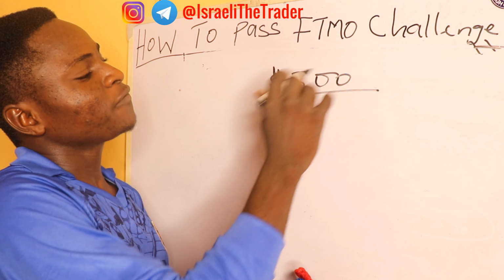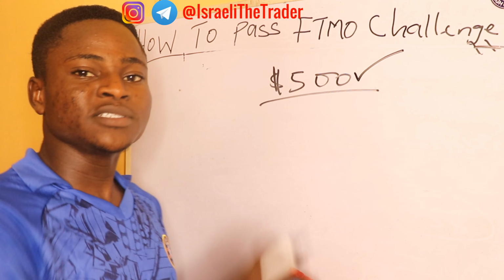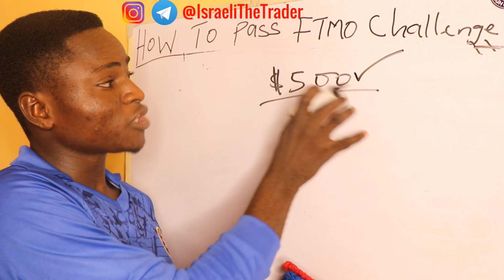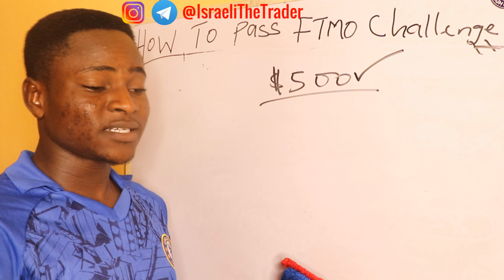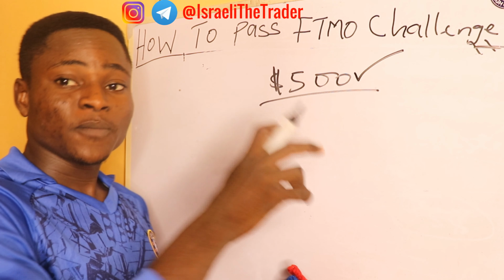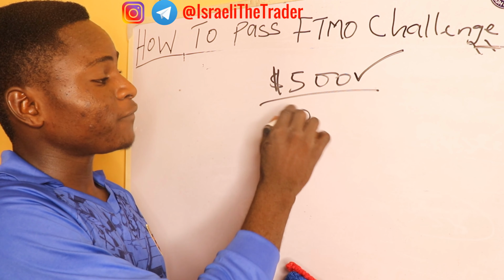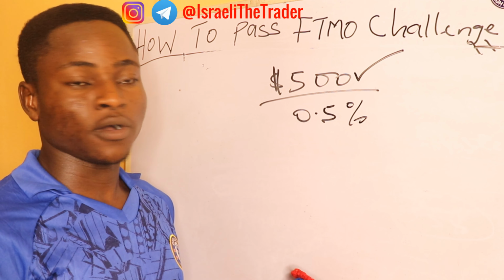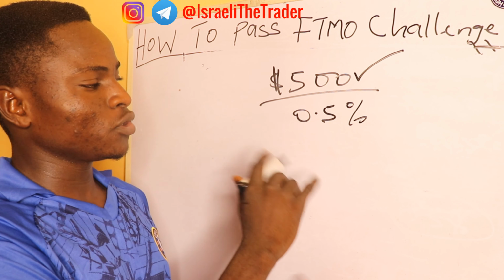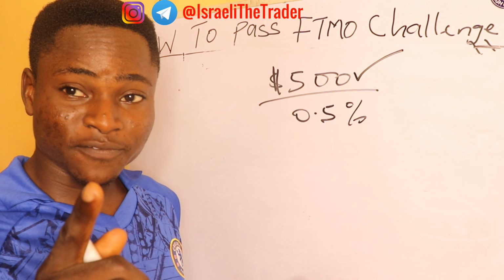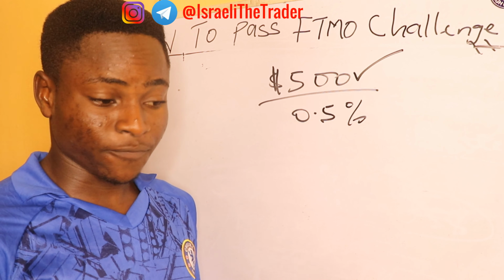So if you have $500 floating in your account as a profit, then you're supposed to secure this $500 and look out for some trade opportunities as well. So secure at least 0.5% of your account into your balance, right? Also, don't be greedy. Listen to these guys. Never be greedy in the forex market.